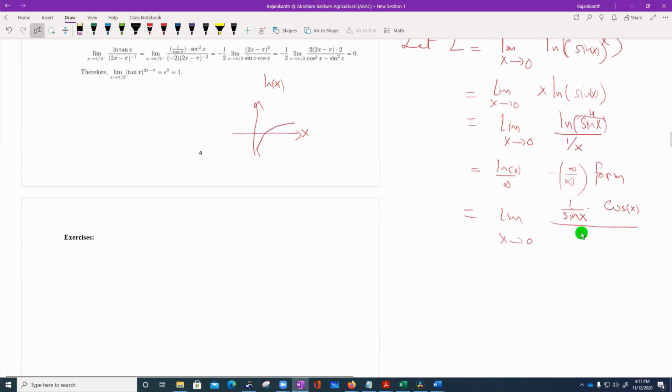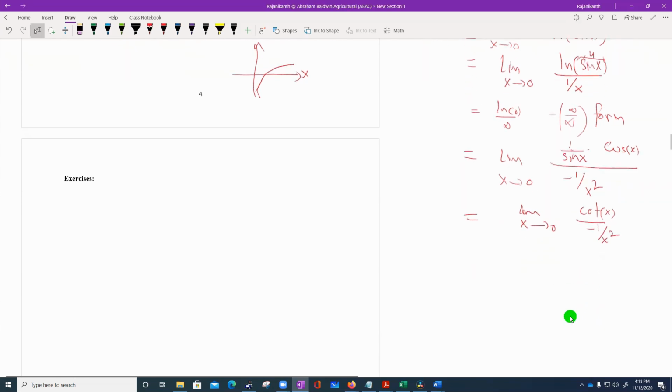Now here you will get negative 1 over x squared, am I right? The derivative of 1 over x is negative 1 over x squared. So you will get cotangent x over negative 1 over x squared.